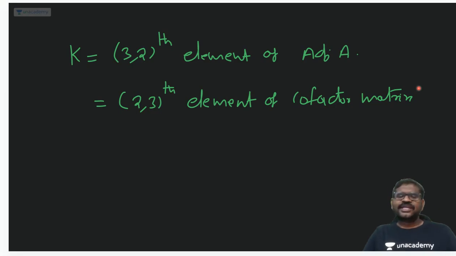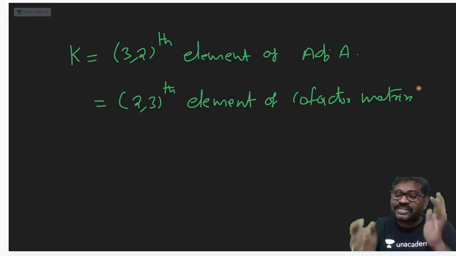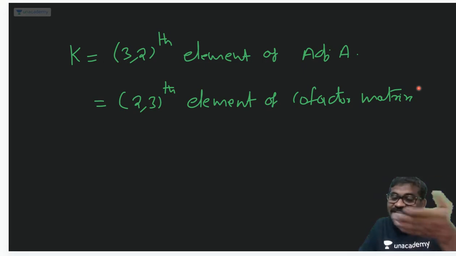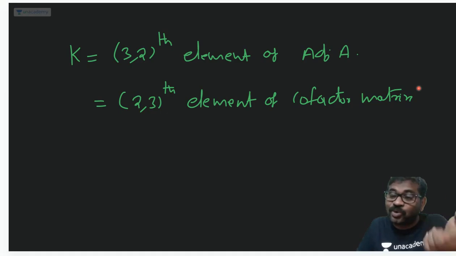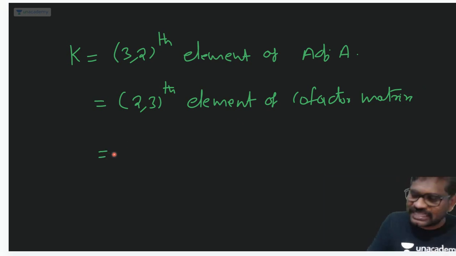Understood? Because cofactor matrix and adjoint A is nothing but transpose of cofactor matrix. That's why the 3-2 element of adjoint A becomes the 2-3 element of cofactor matrix. Right.